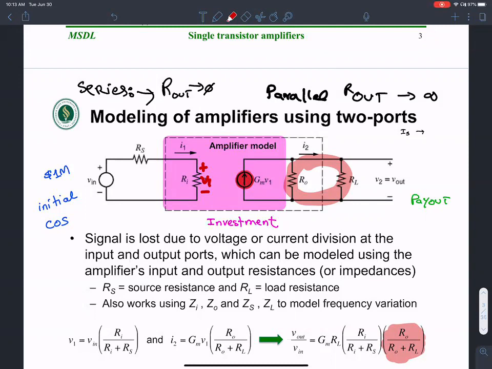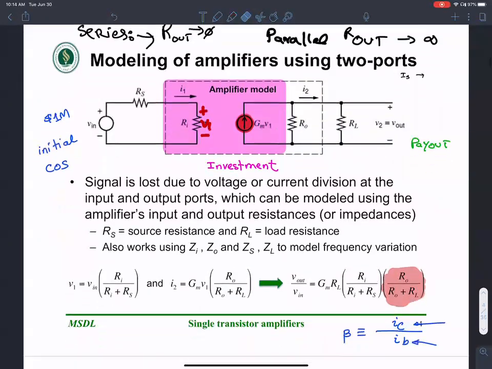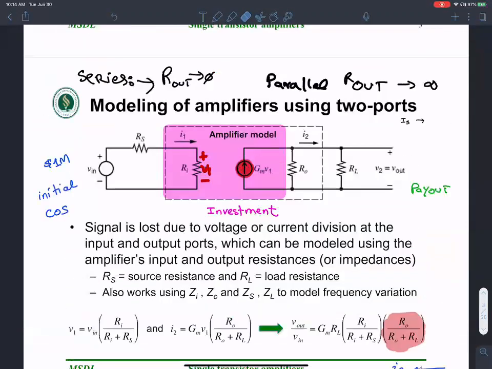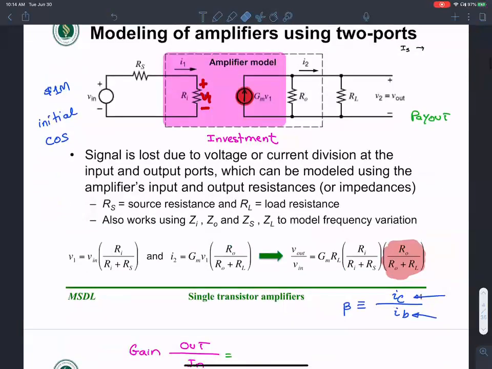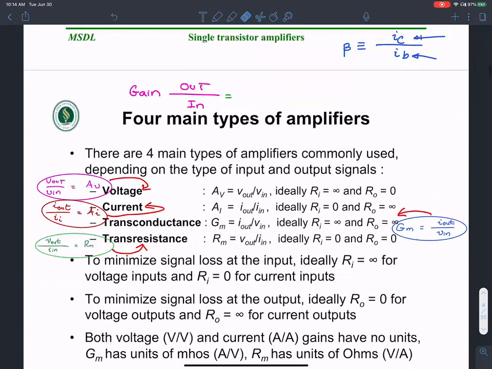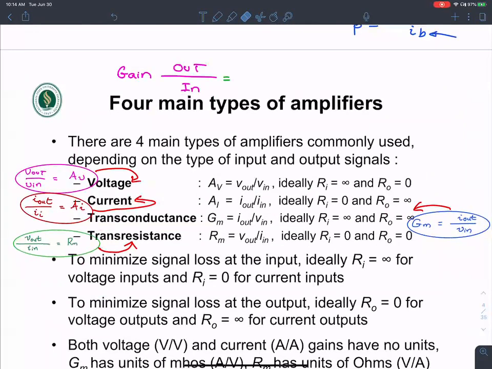R naught by R naught plus RL is the fraction of current that flows to RL. So this is my generic idea of modeling amplifiers using two-port networks. And then we looked at the 4 different types of amplifiers possible.